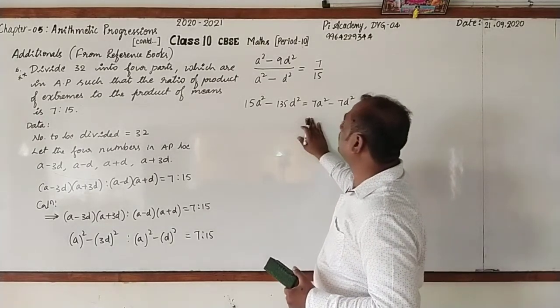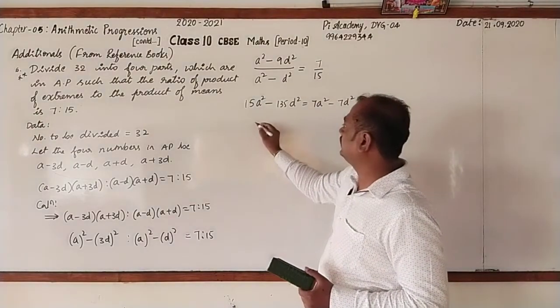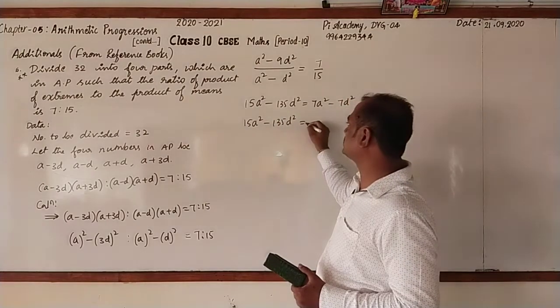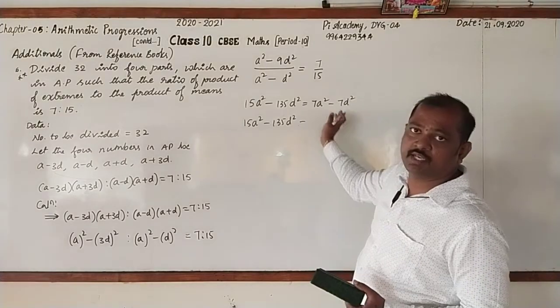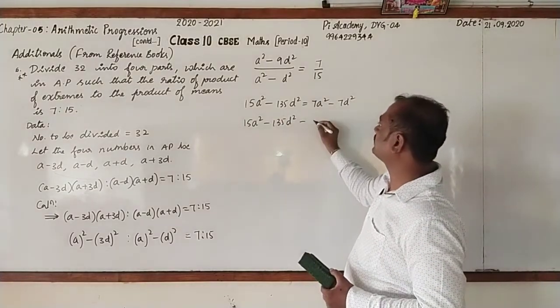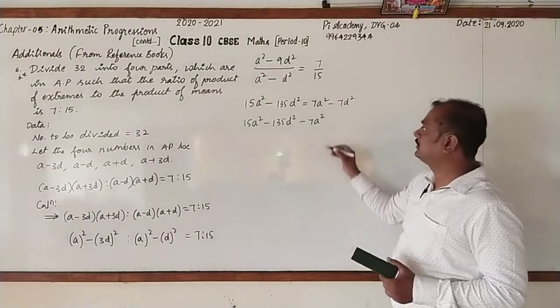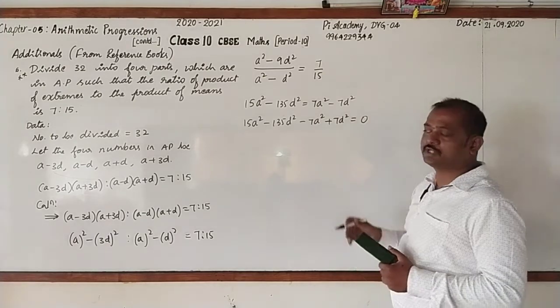Next, now let us write all the terms on one side. 15a square minus 135d square is equal to 7a square minus 7d square. Transfer 7a square to the left hand side, it becomes minus 7a square, and minus 7d square becomes plus 7d square, is equal to 0.